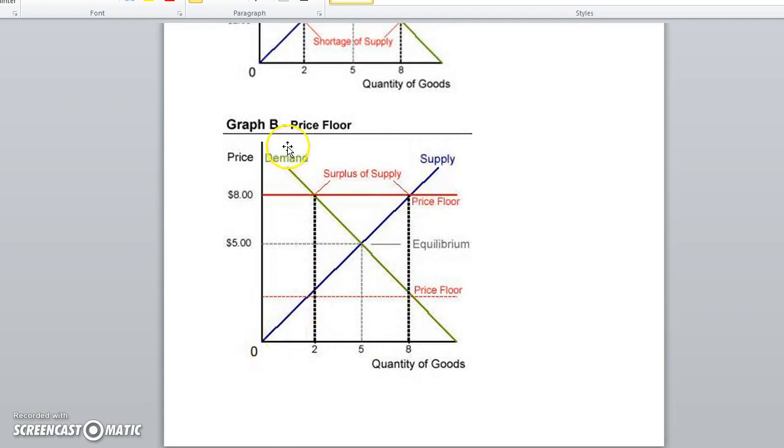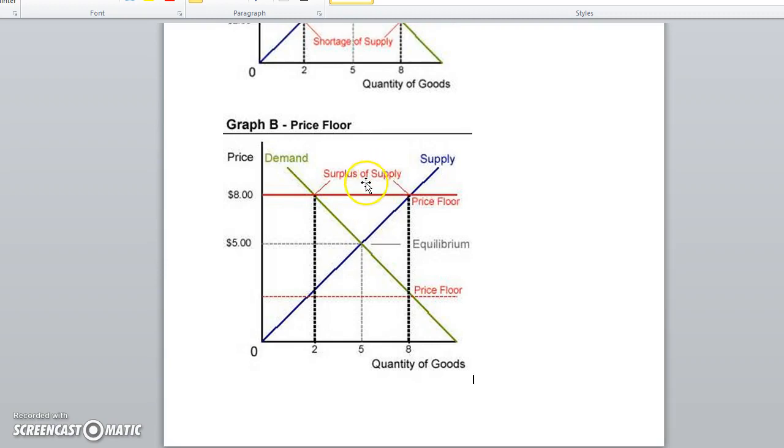So what happens with a price floor? Well, a price floor is set above the equilibrium. So in this case, we'll say the equilibrium wage is $5. I know that number is ridiculous right now, but let's just look at the numbers we have on the graph. The minimum wage is set higher, above that, at $8. Theoretically, with our model, what does that create?